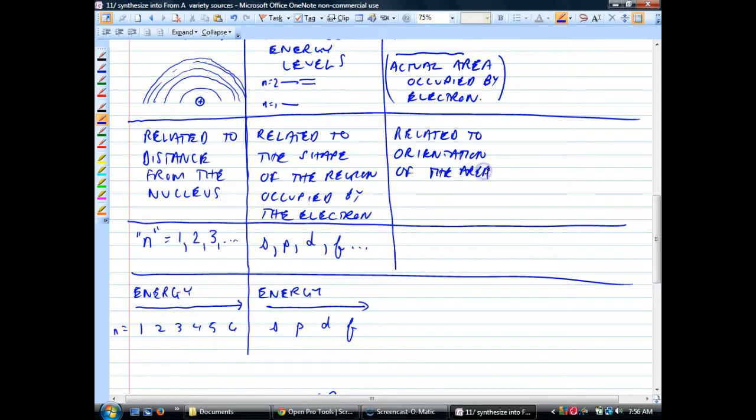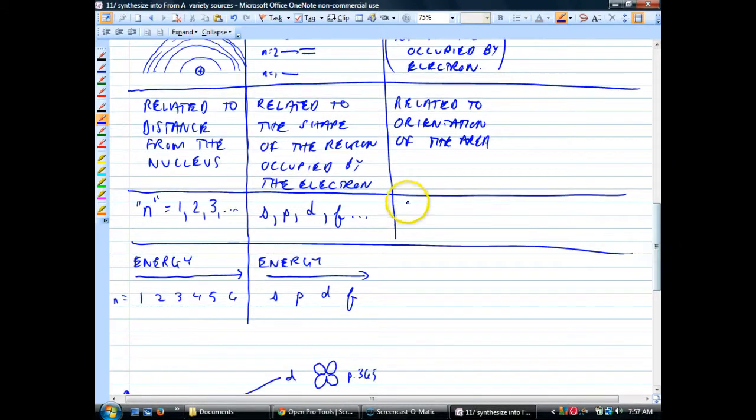So in other words, we're adding one layer, not just the shape, but how is that shape positioned in space? So for example, how about the symbols? Here's what we'd be looking at: P sub x, P subscript y, and P subscript z.